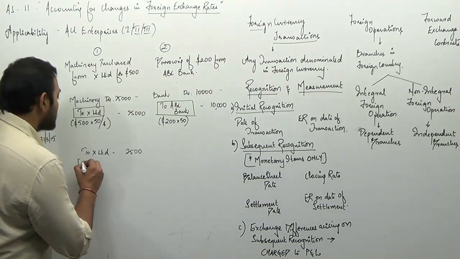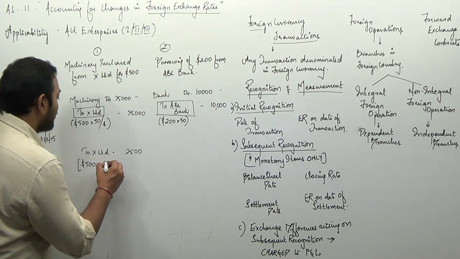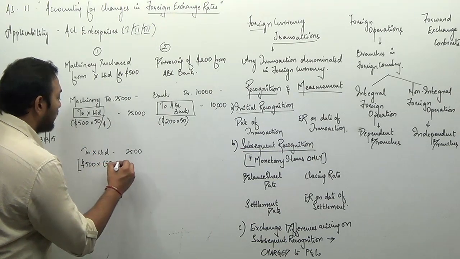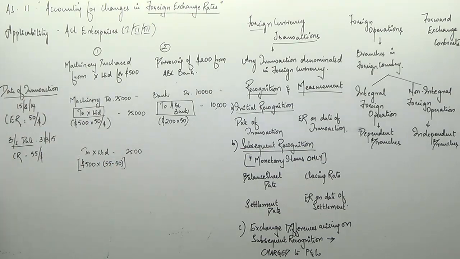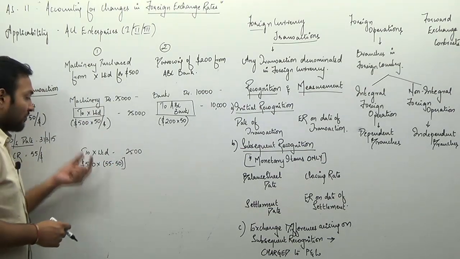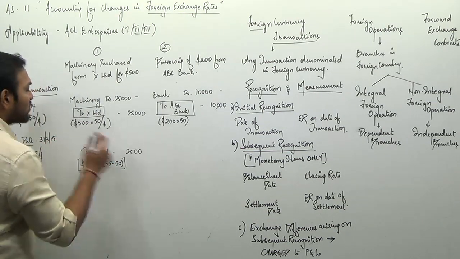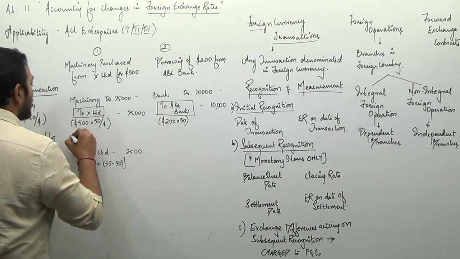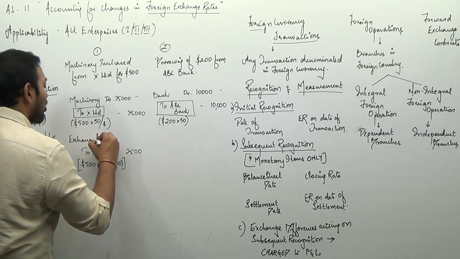Now how did I get this? $500 into 55 exchange rate now, minus 50 exchange rate when he recorded, that will give you 5 rupees per dollar. Now there is a debit which should be written now which is not there. So we'll call it an exchange difference, or to put it in a much simpler way, an exchange loss.